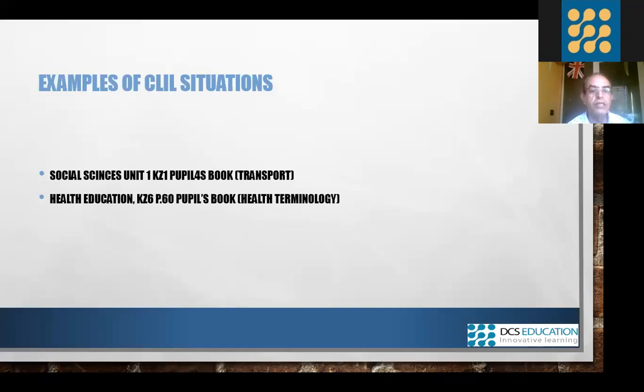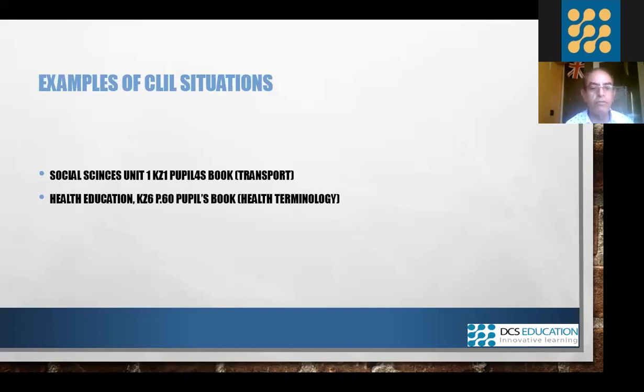Health education, Kidzone 6, page 60, pupils book. It talks about health education, health terminology. Kids are being exposed to health jargon. They know nurse, doctor, illnesses, bones, different cures of illnesses and sicknesses. Which makes them well empowered to talk about health later on if any circumstances come to them.